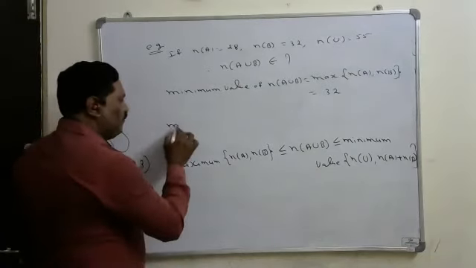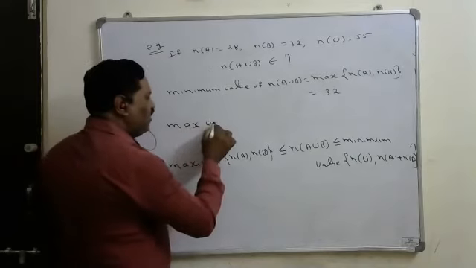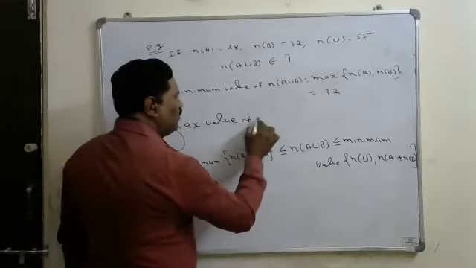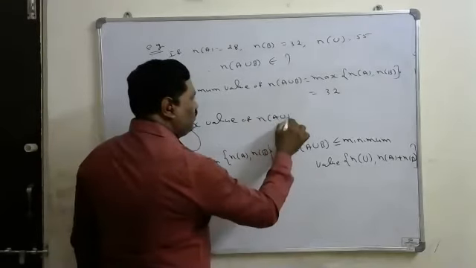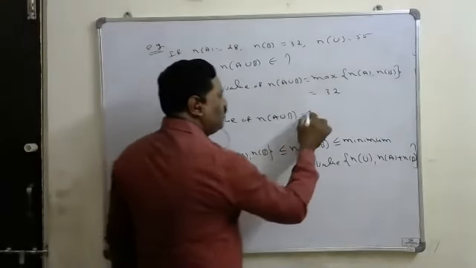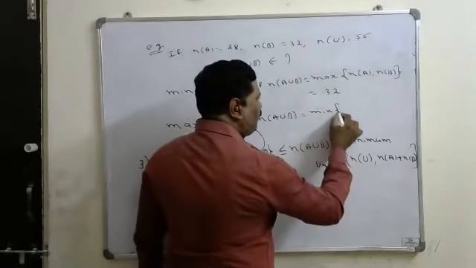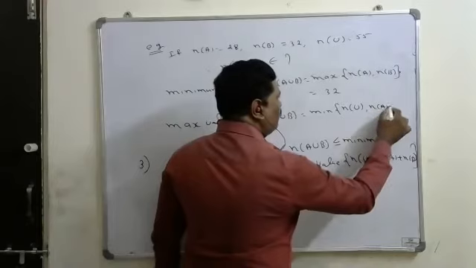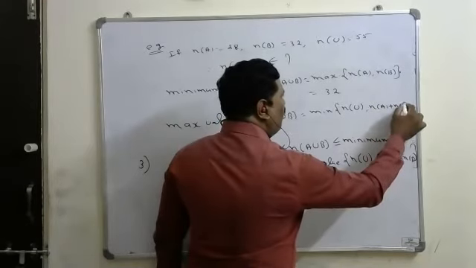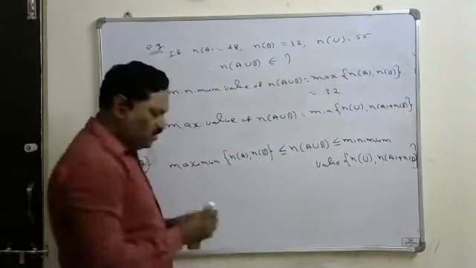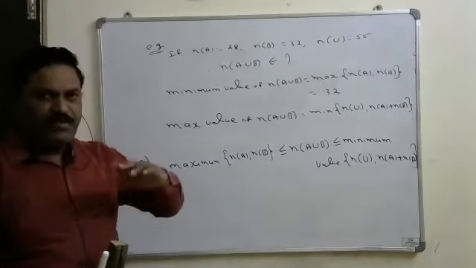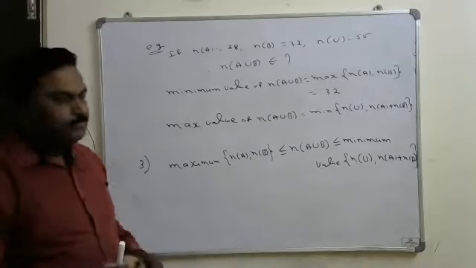Similarly, the maximum value of n of A union B is the minimum of n of U comma n of A plus n of B. So n of A plus n of B, how much? 60.